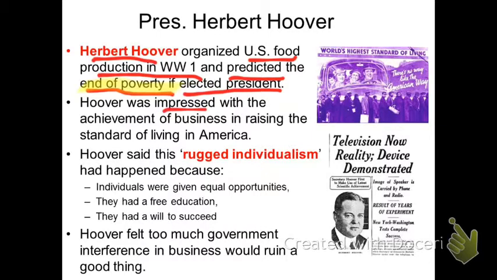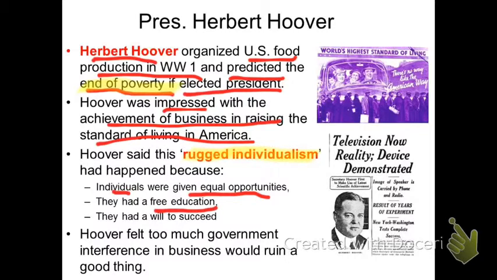Hoover was impressed with the achievement of business and raising the standard of living in America. He felt that this would continue to go up and up. Hoover said that rugged individualism, one of our vocabulary terms, had happened because of three things. Individuals were given equal opportunities, and we go back to Teddy Roosevelt's square deal concept.